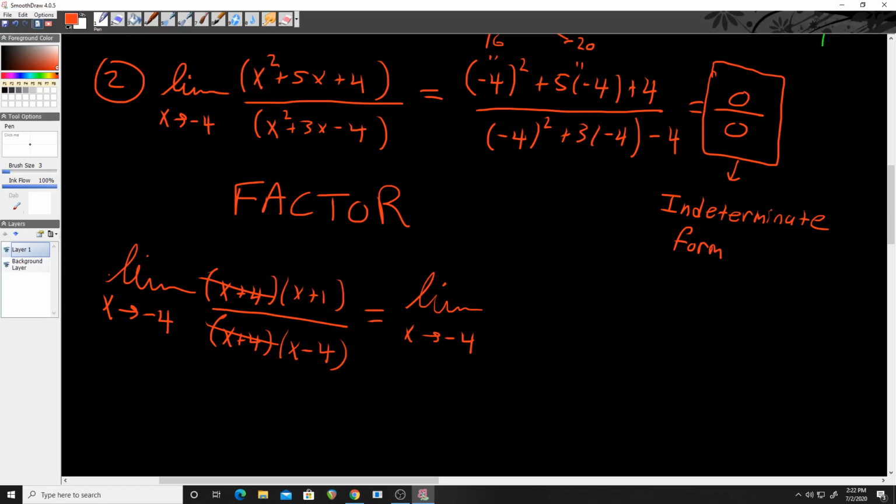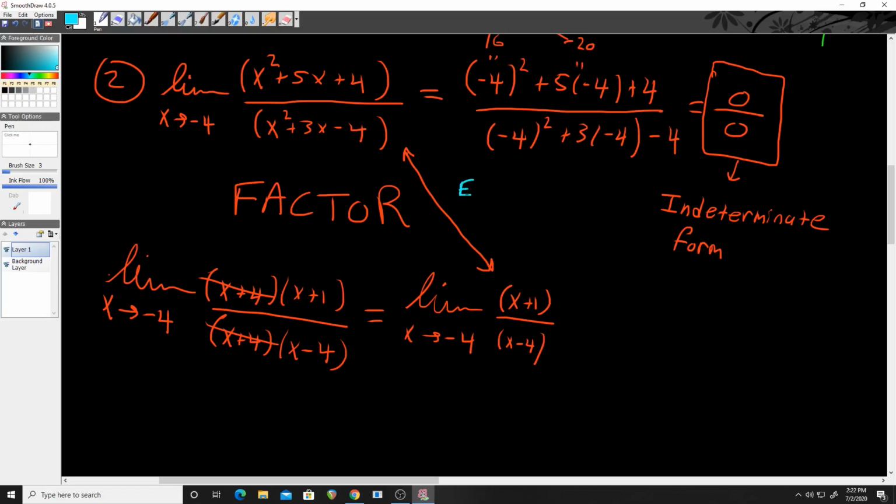Now I want to point out that this function is exactly the same as this one. I'm going to emphasize this. I'm going to change my color again.